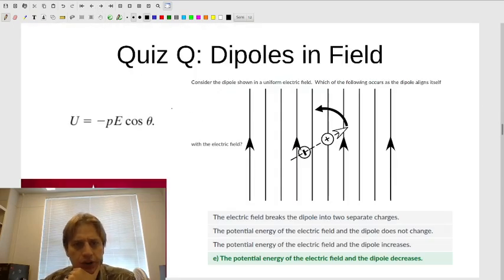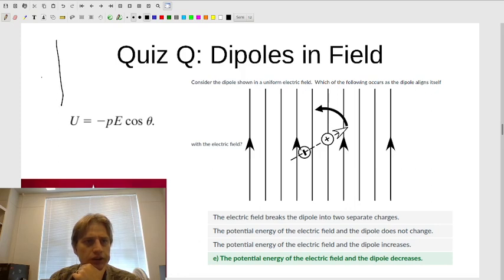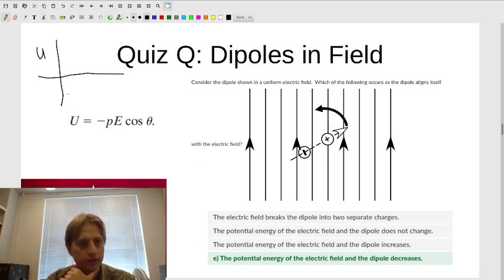The last one to watch out for is the potential energy of a dipole sitting in an external field. If the dipole is lined up with the field, it has the lowest amount of potential energy.